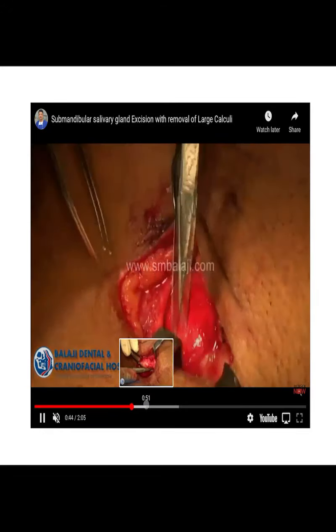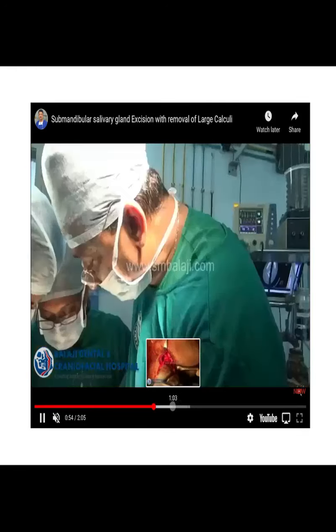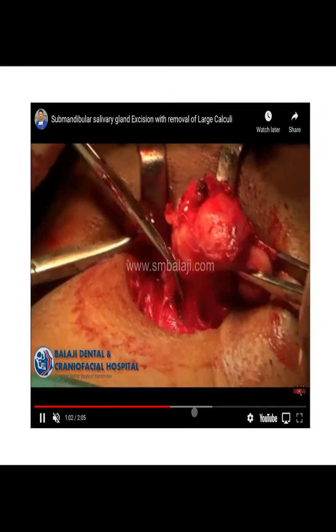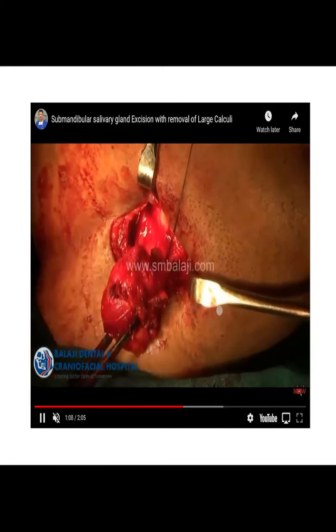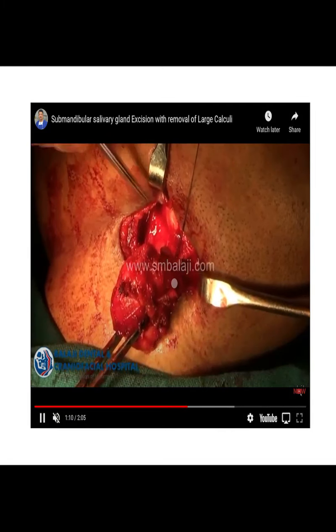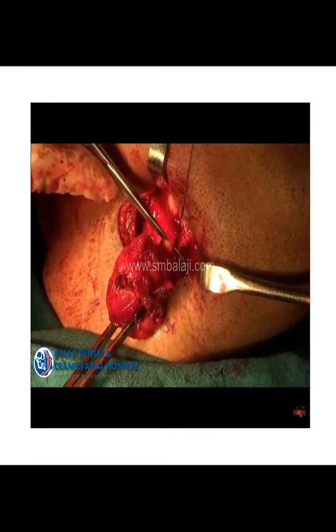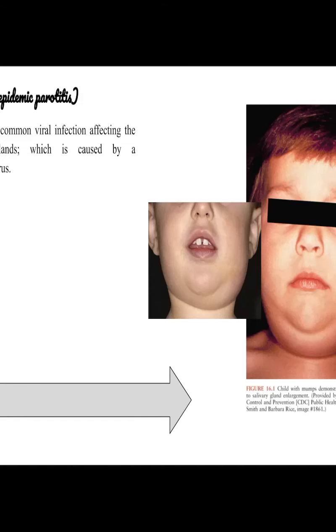Then the surgeon will switch to artery forceps for exploration of the surgical site and detachment of the gland, and using suture for reflection and retention of the tissue.